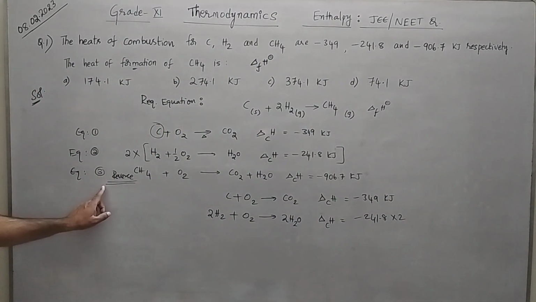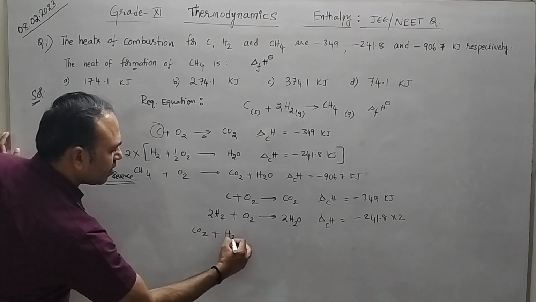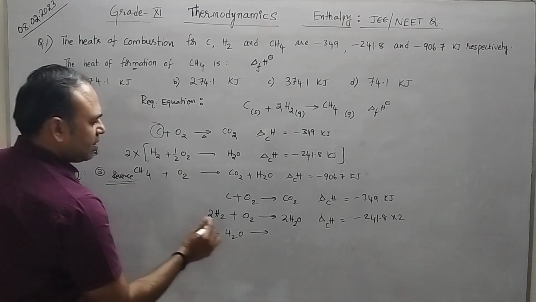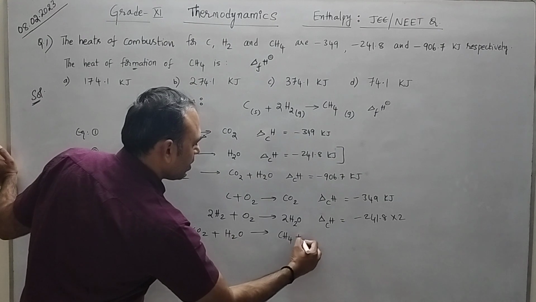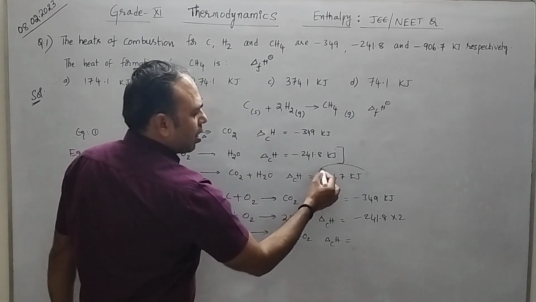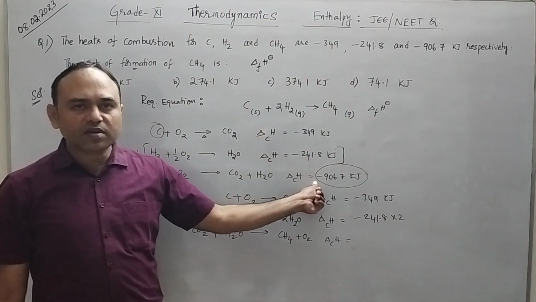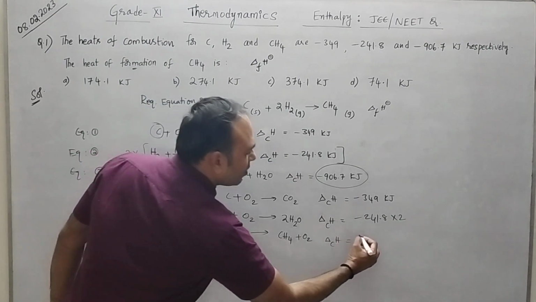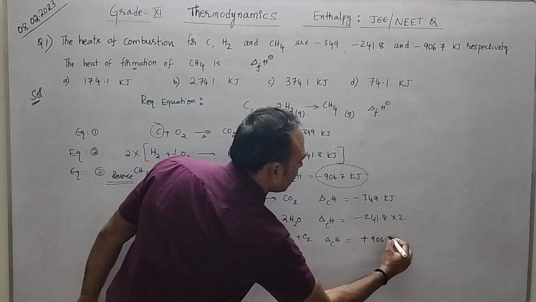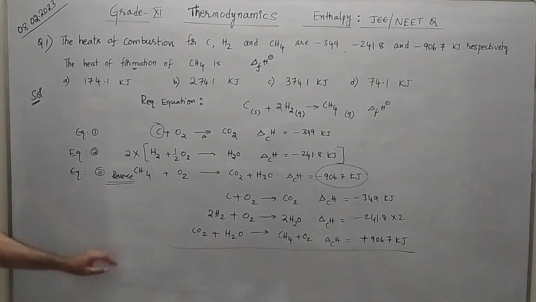Next, third one you have reversed, therefore CO2 plus H2O gives CH4 plus O2. Now important thing here: when you take equation 3, it was minus 906. If you reverse it, it will be plus 906.7 kilojoules. Now this is your new reactions.